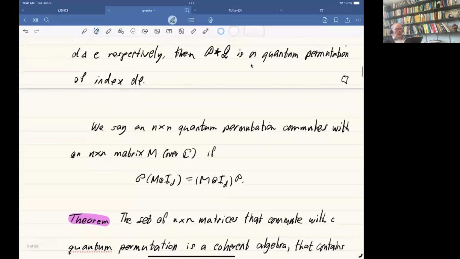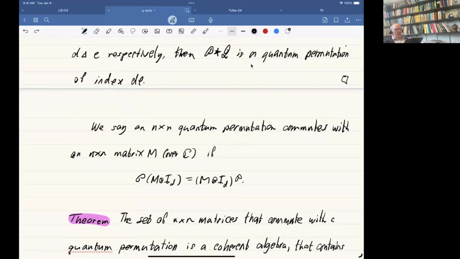Now, we say that an n by n quantum permutation matrix commutes with an n by n matrix M. Generally, I think of them as n by n matrices over some algebra of d by d matrices, so matrices over a ring, and that ring is d by d matrices.